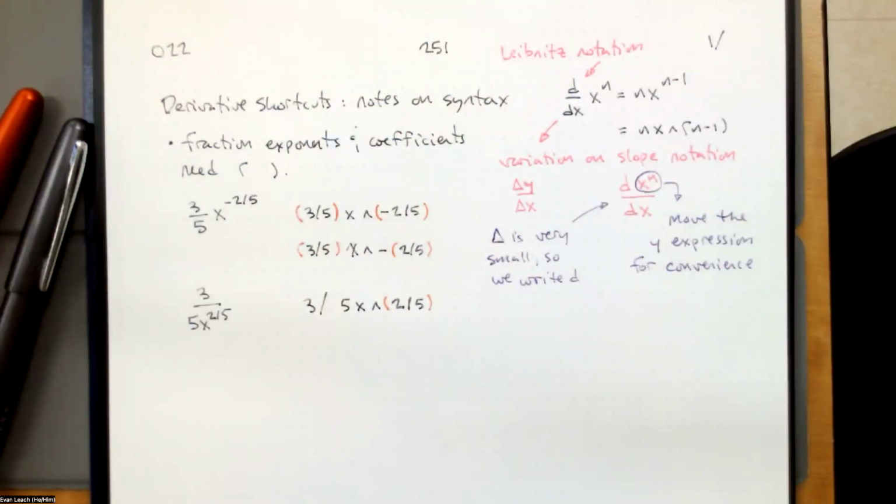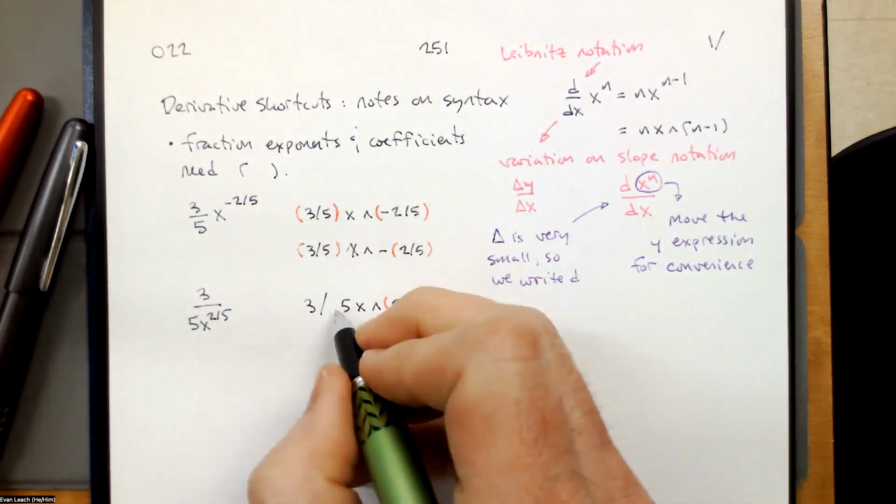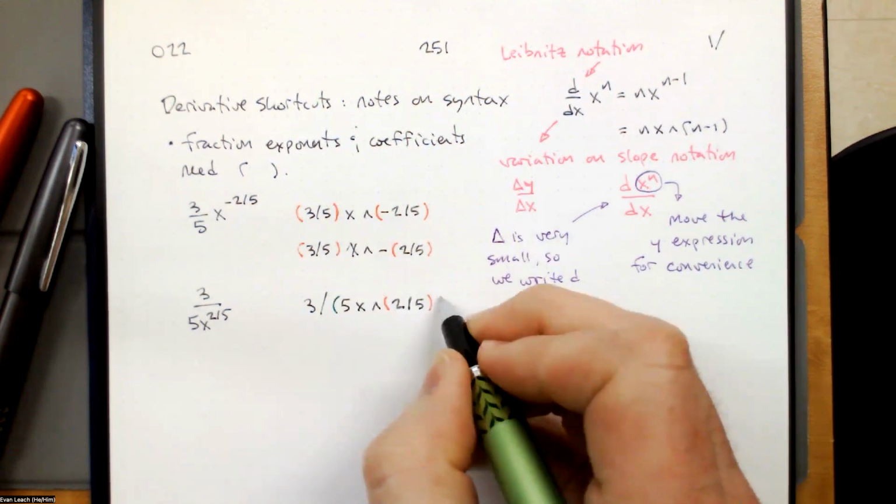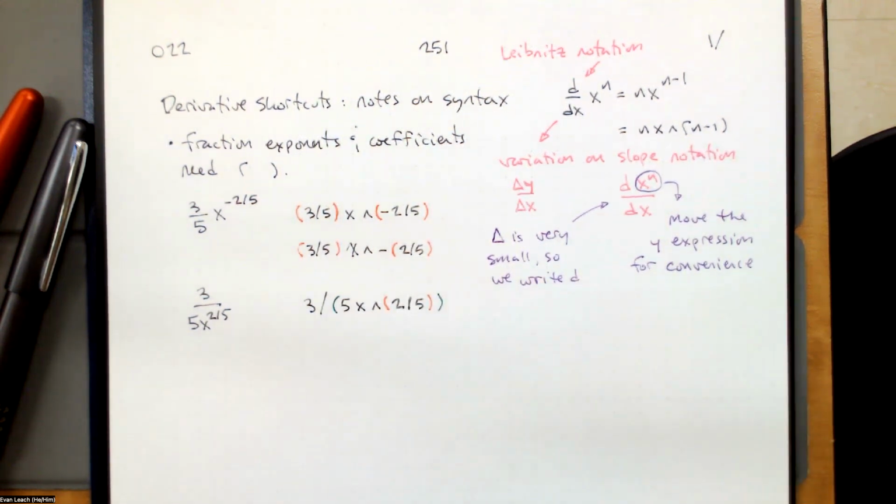So we want to remove any ambiguity. We're saying it's 3 divided by all of this. So we need parentheses around that whole denominator. The denominator has operations in it.